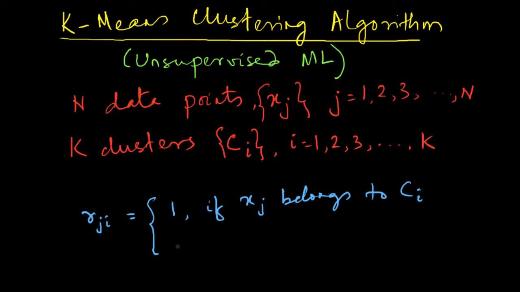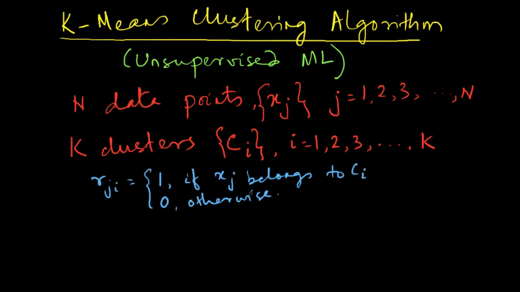So r_ji is 1 if x_j belongs to C_i, which means, for example, if the point x_3 belongs to the cluster C_2, then r_32 will be 1 and all other r_ji are 0. So this is the notation that we will use to figure out which cluster a given point belongs to. Now we have defined our data points, our clusters, and a variable that can denote whether a given data point belongs to a given cluster or not.